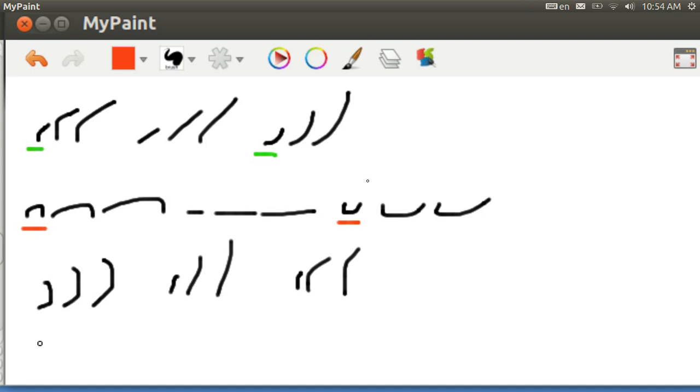Let me draw those down here. This is an A. It's a big loop. And let me just throw in the E over here. An E is just a little loop. You can write them in either direction.